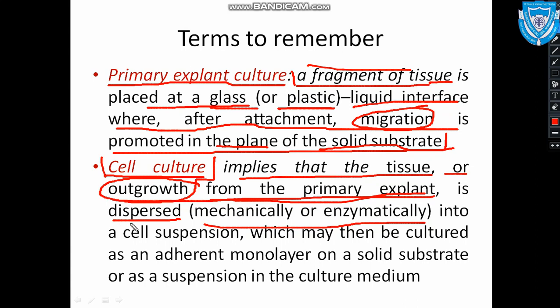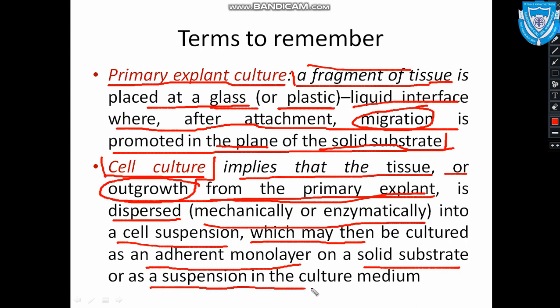So we are going to make them dispersed into a cell suspension, which may then be cultured as an adherent monolayer on the solid substrate or platform, or they remain as they are in suspension in the culture medium. So these two types of culture we are going to see again in the next slide.